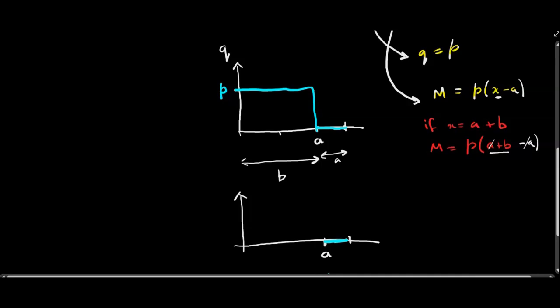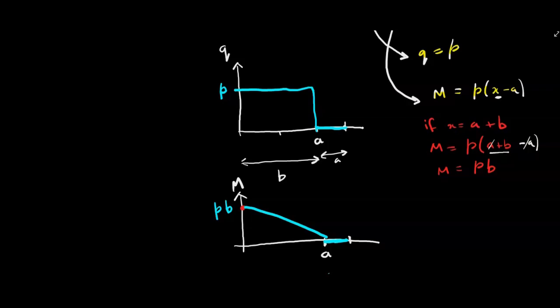So you can see that the A's cancel out, and the moment is equal to P times B. That's just this constant term here. And then it's going to be a linear straight line going between those two points, where this value here is PB, and this is the moment.